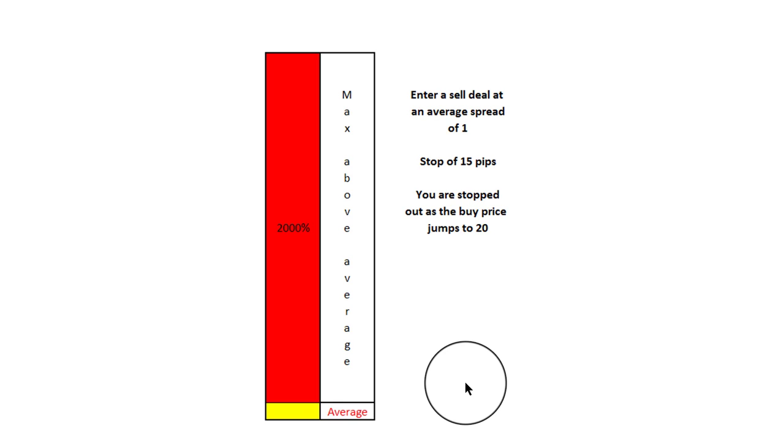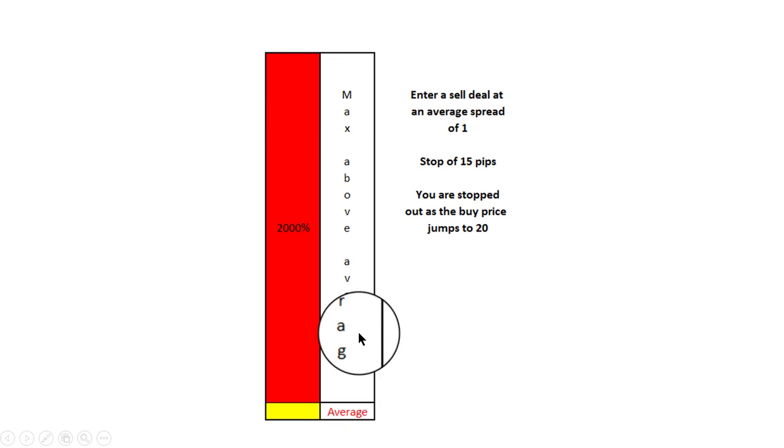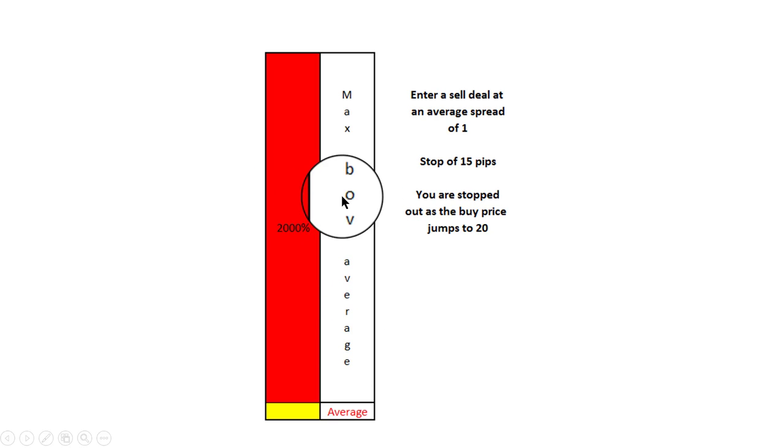But it is a really serious thing, because let's say you enter a sell deal with an average spread of only 1. So you're down here, you've entered your sell, it's 1. You've put in a 15 pip target, which is over there, and then suddenly the broker moves the spread by 20 pips, and you will get stopped out, although the price has gone nowhere near your stop, because your stop is a buy stop, and the spreads affect the buy price, and you get stopped out.